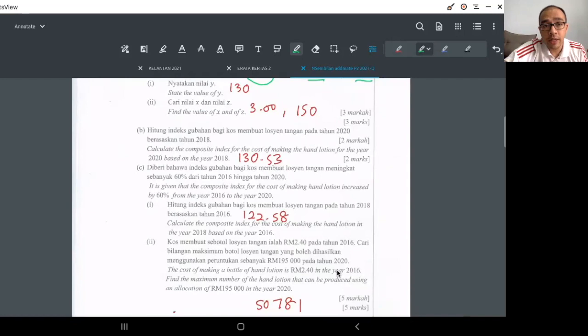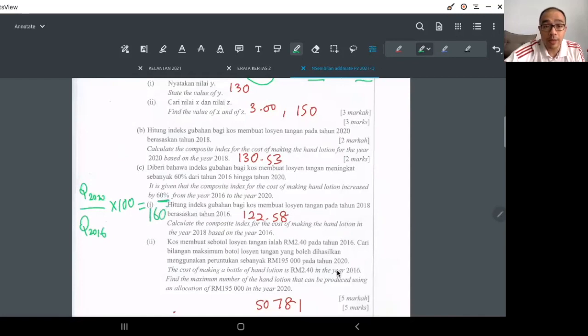Now, it is given that the composite index for the cost of making hand lotion increased by 60%. Okay, from 2016 to 2020. So I'm going to put this here. The total price 2020 over the total price 2016 times 100 is equals to 60% means 160.